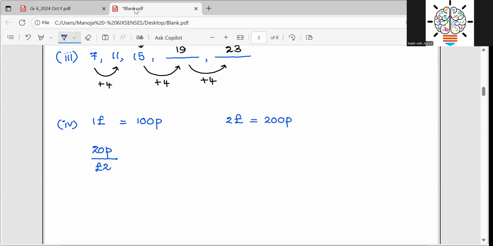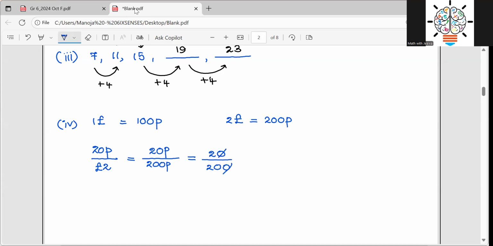Now here, I can't do anything when I can see the values in 2 different units. That one is in pence, the other one is pounds. So I want to convert this. So then I write 20 pence divided by 200 pence. So then the pence will be cancelled and 20 over 200.